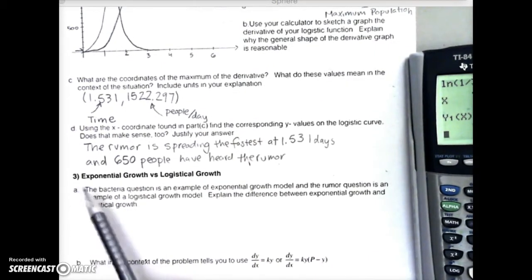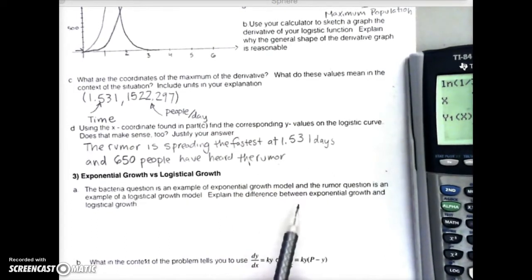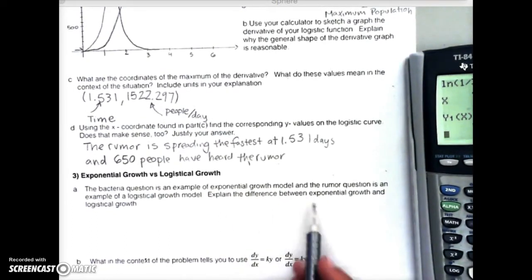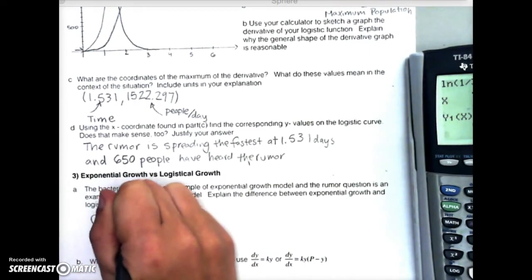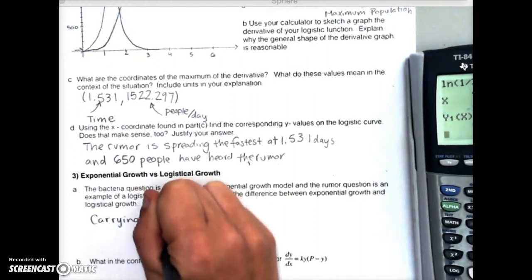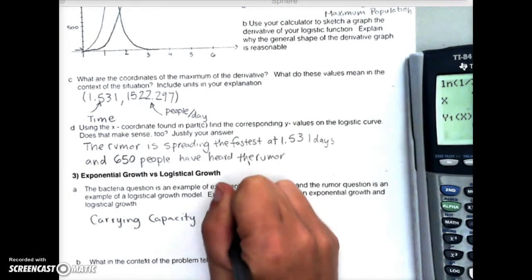So what's the difference between exponential growth and logistic growth? The bacteria question was exponential growth, and the rumor question was logistic. Explain the difference between logistic and exponential growth, and that has to do with carrying capacity. The carrying capacity is like a maximum population.